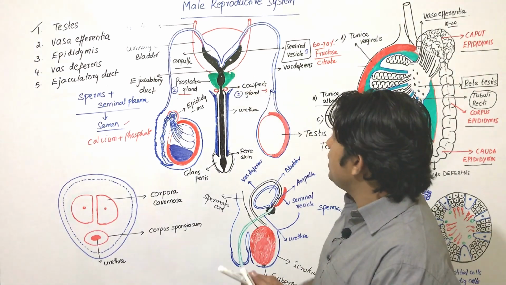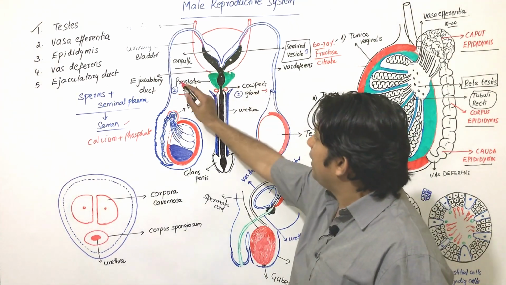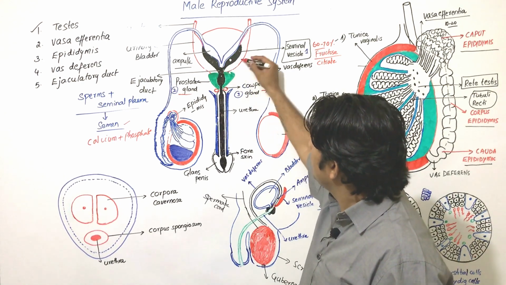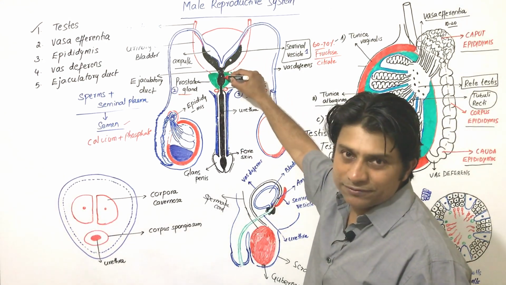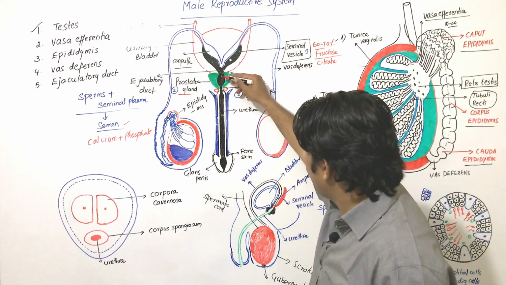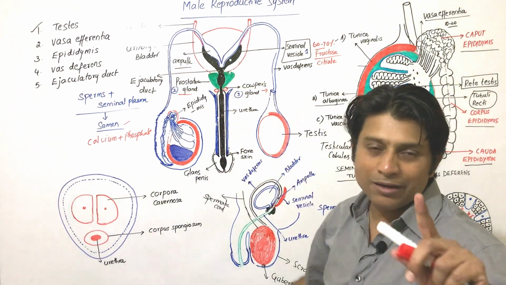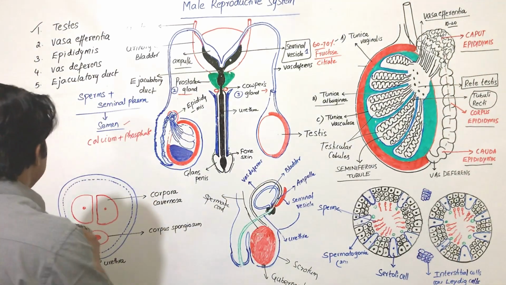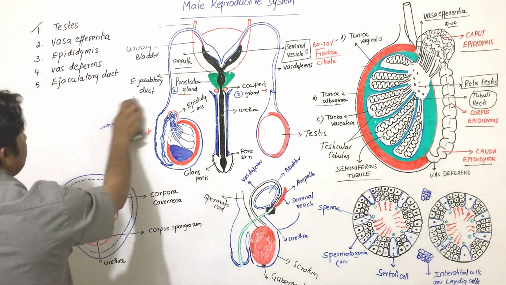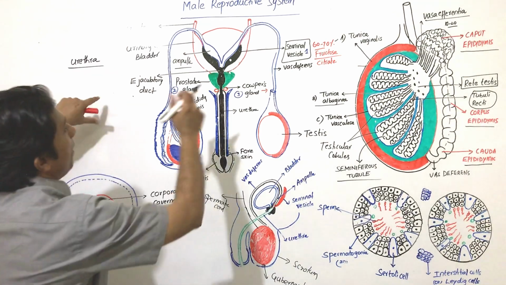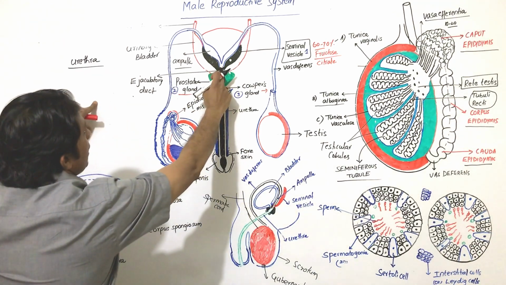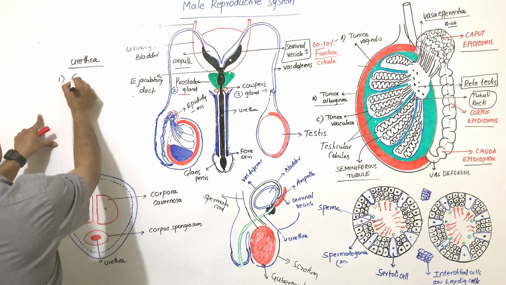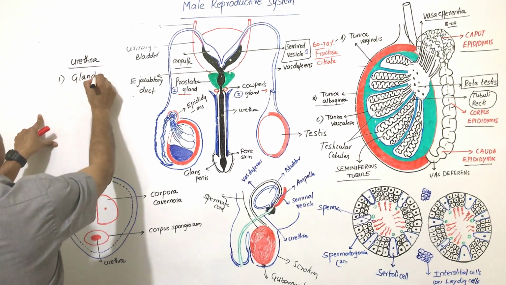Now, this ejaculatory duct, this is a bladder, joins with urethra and forms the urinogenital canal, which is known as urethra. So let us find out the parts of the urethra. The anterior part of the urethra where the ejaculatory duct joins is called glandular urethra.